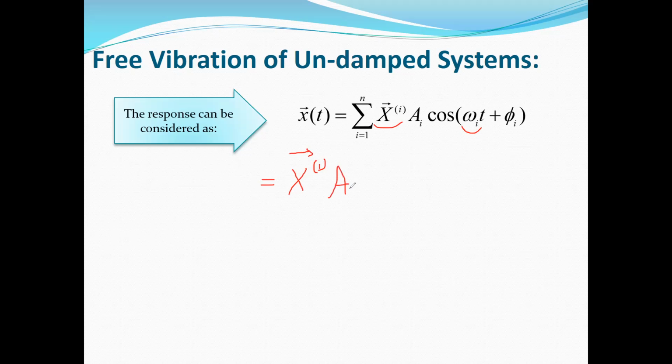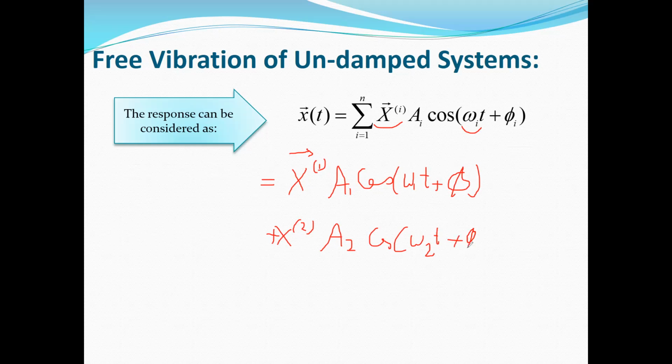multiplied by a1 times cosine omega 1 t plus phi 1. This is the response for the first frequency. Then x2, which is the second mode shape, multiplied by a2 times cosine omega 2 t plus phi 2, and of course this is phi 1 and this one is phi 2, the phase angles, and so on.